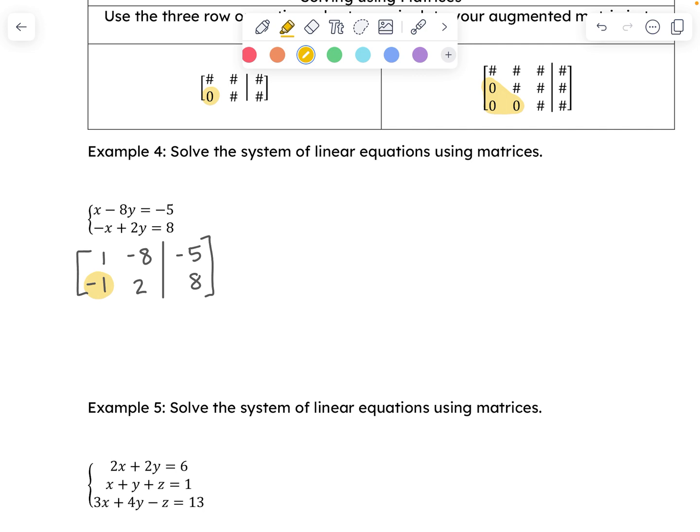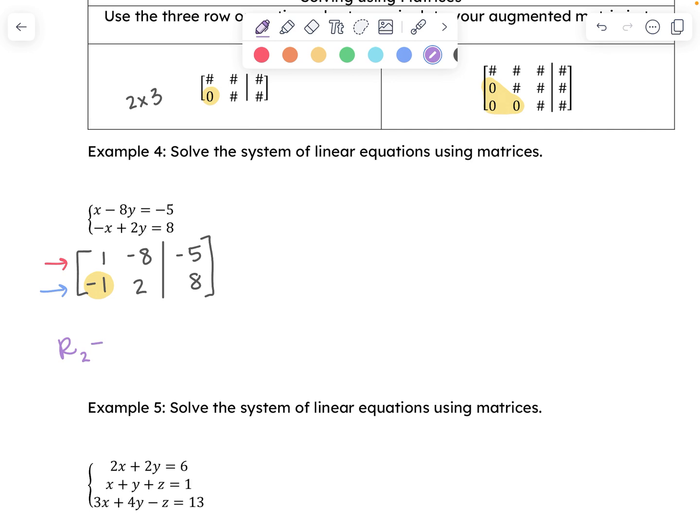When you have your 2 by 3 matrices, 2 rows and 3 columns, you just need that bottom left to be a 0. So I'm going to try and figure out how can I combine R1 and R2 in some way that that negative 1 would become a 0. I would say the easiest way would be to just add them together.